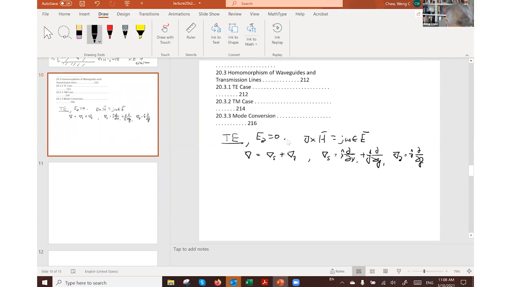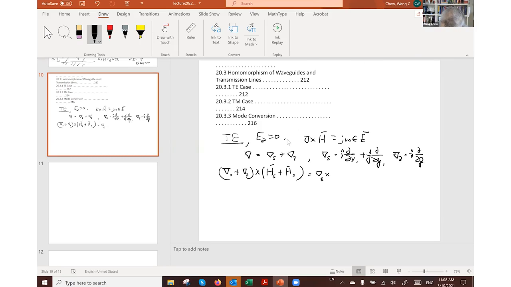And then if I go through the analysis and expand this term, the left-hand side would be this term crossing with H, which can also be broken up into a longitudinal part plus the transverse part. Using the distributive law for a cross product, I would obtain 4 terms on the right-hand side.